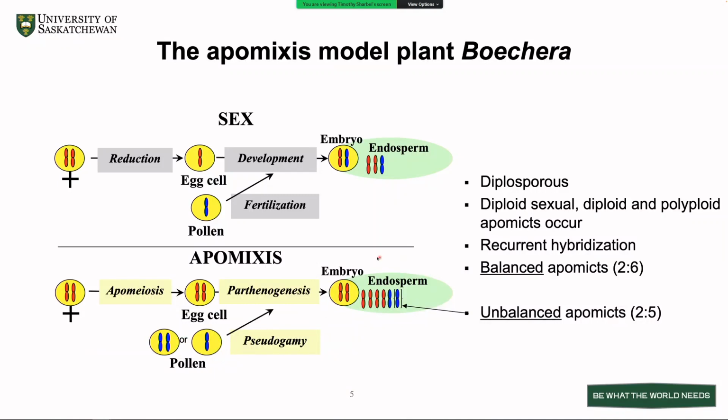What we find is that most of the time we have fertilization of the tetraploid central cell to form balanced apomicts with a diploid embryo to hexaploid endosperm ratio. But very importantly, and I want to point this out because it is key to some of our research, we have a very low frequency of unbalanced apomicts. We have fertilization with haploid pollen to produce diploid apomictic embryos but pentaploid endosperm, which are unbalanced, obviously.